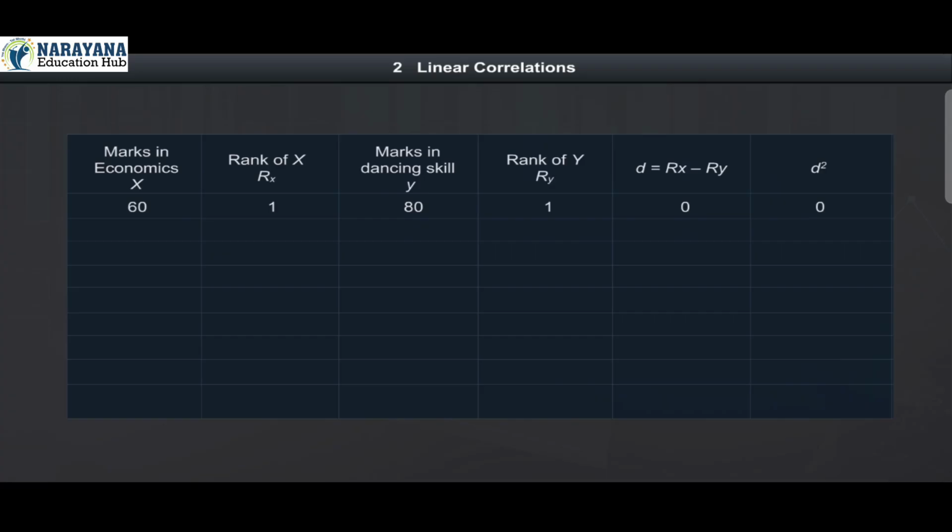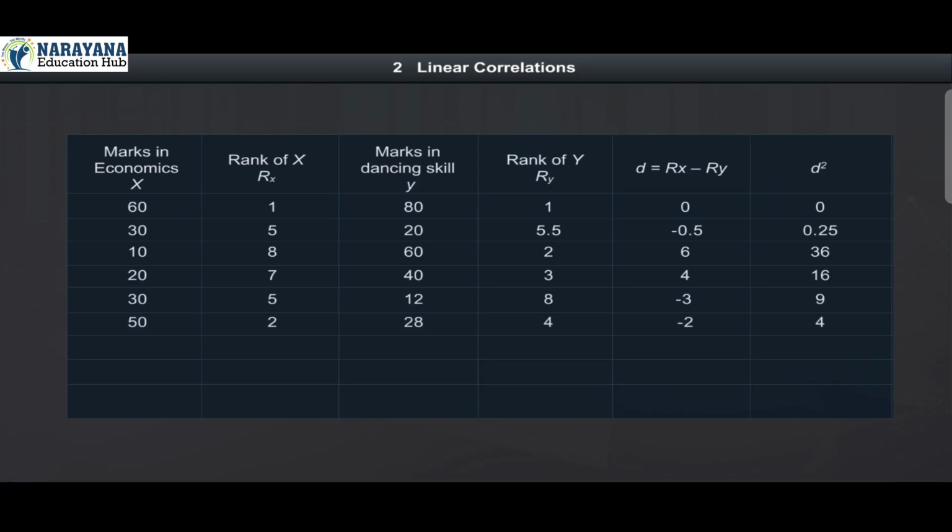D square. 60, 1, 80, 1, 0, 0. 30, 5, 20, 5.5, minus 0.5, 0.25. 10, 8, 60, 2, 6, 36. 20, 7, 40, 3, 4, 16. 30, 5, 12, 8, minus 3, 9. 50, 2, 28, 4, minus 2, 4. 30, 5, 20, 5.5, minus 0.5, 0.25. 40, 3, 15, 7, minus 4, 16.